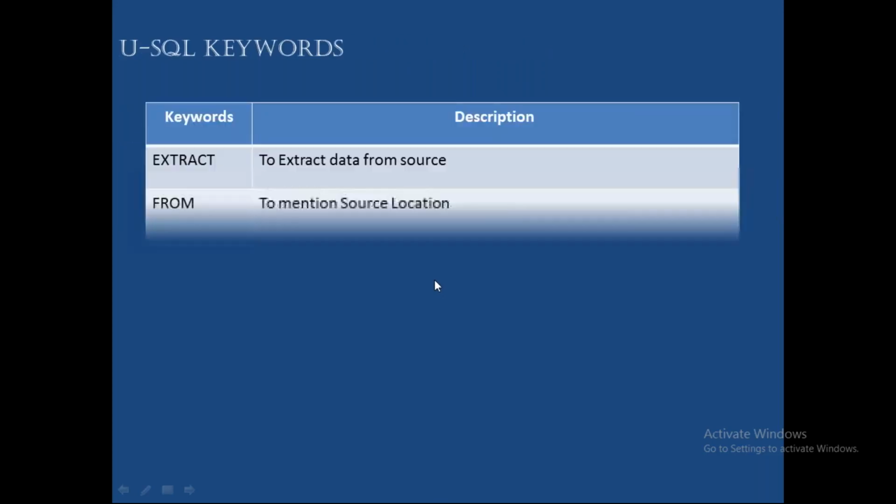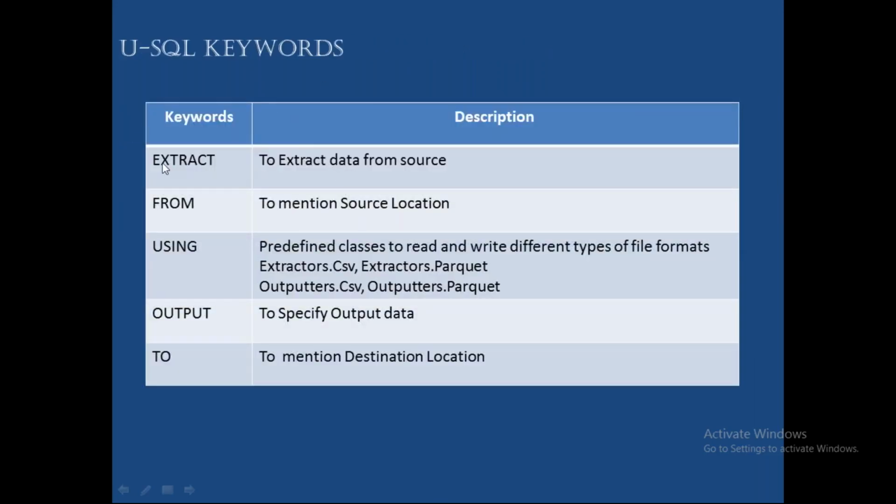Okay, next, the U-SQL keywords. EXTRACT is basically to extract data from the source. So from the Data Lake Storage Gen 1 source folder, if you want to read the data, you need to say EXTRACT. To mention the source location you need to use FROM: from this location, fetch the data.